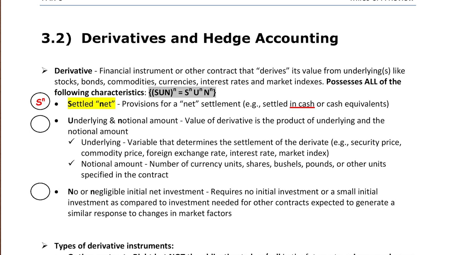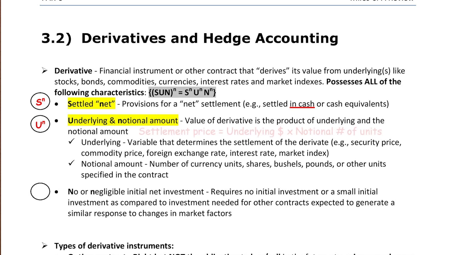Second bullet, highlight underlying and notional amount. So on the bubble there, write U to the power of n, where the U is underlying and n is the notional amount. So the value of the derivative is the product of the underlying and the notional amount.